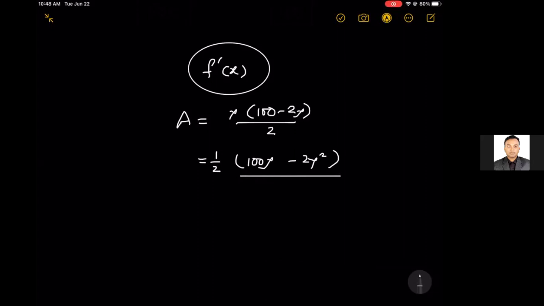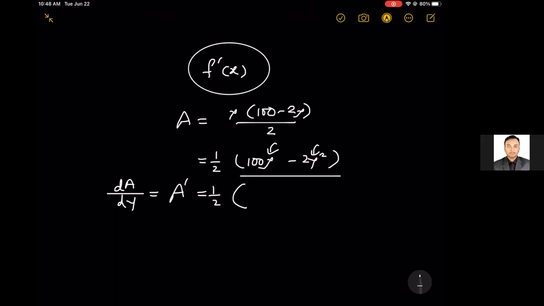Anyway, now we're definitely looking to find the first derivative of it, but the question is in terms of what? In terms of x, is it? Or what? Well, in this case, it'd be in terms of y. Exactly. The function is in terms of y, so the derivative has to be in terms of y. Very good. So what's the derivative of 100y in terms of y?